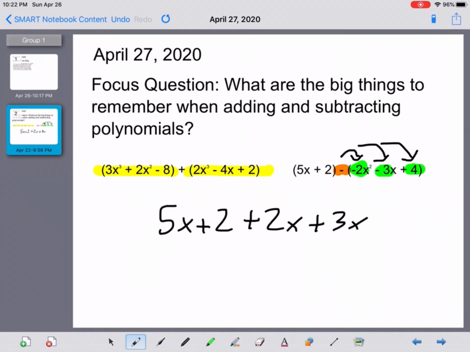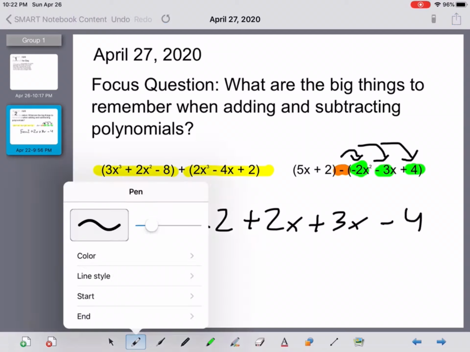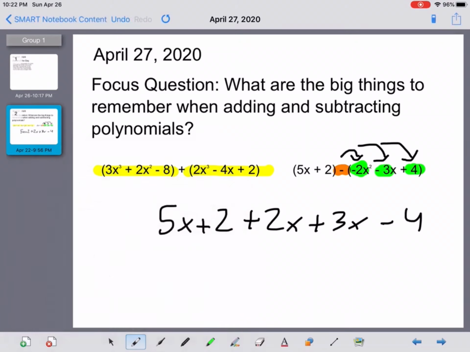Negative times negative 3x is positive 3x, and negative 1 times 4 is negative 4. Now, when I'm here, I need to combine like terms. So I'm going to do that now. And I just realized that with that 2x term, it was 2x squared, so I made sure I changed that.